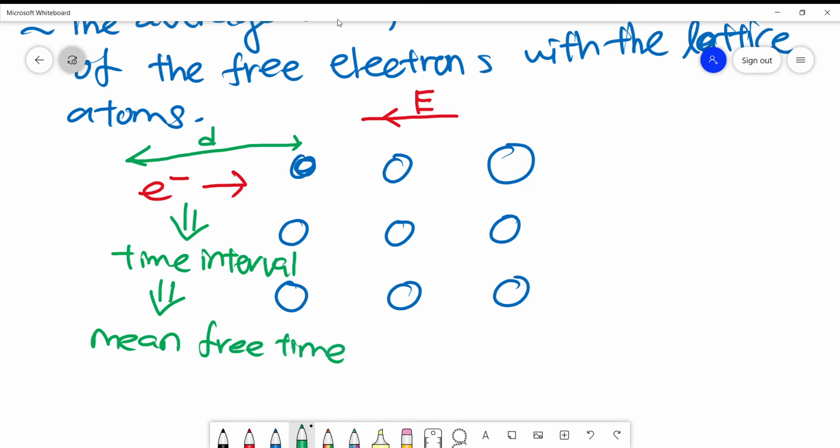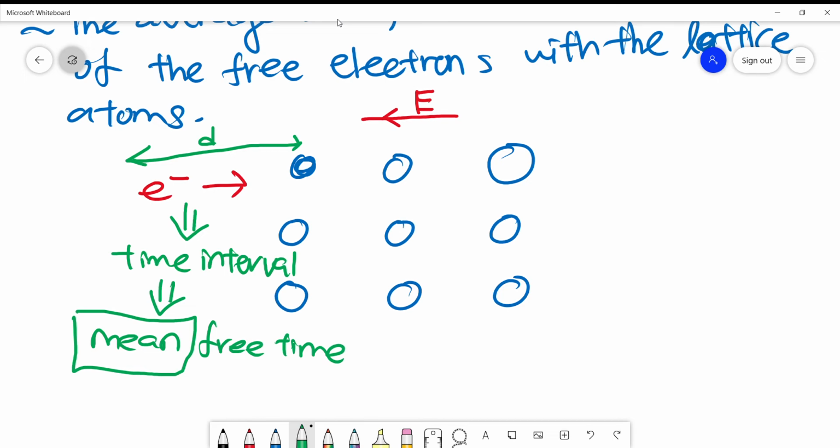So why do we call it mean free time? This is because we assume all the free electrons inside the wire have the same time interval between collisions with the lattice atoms.